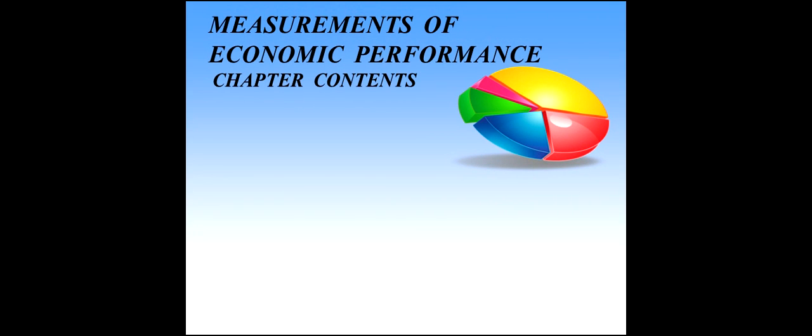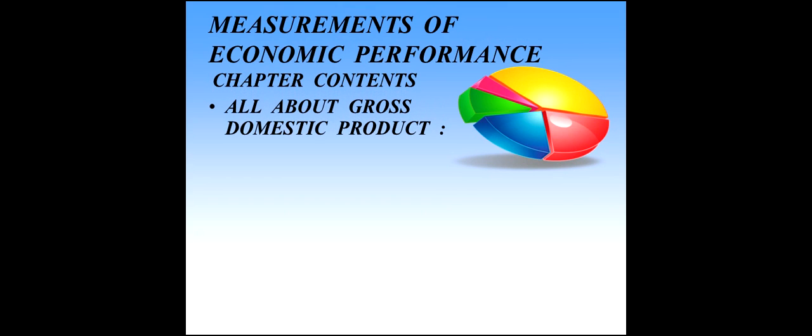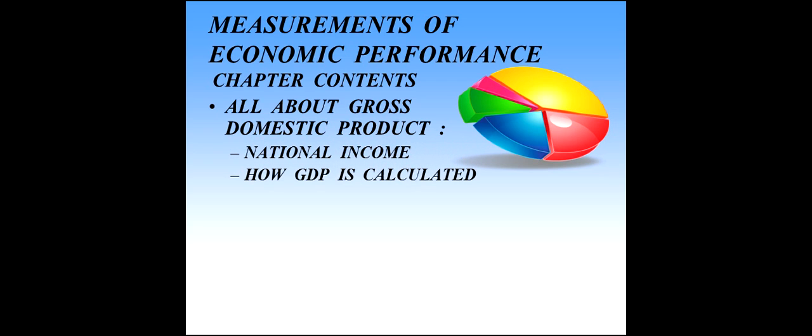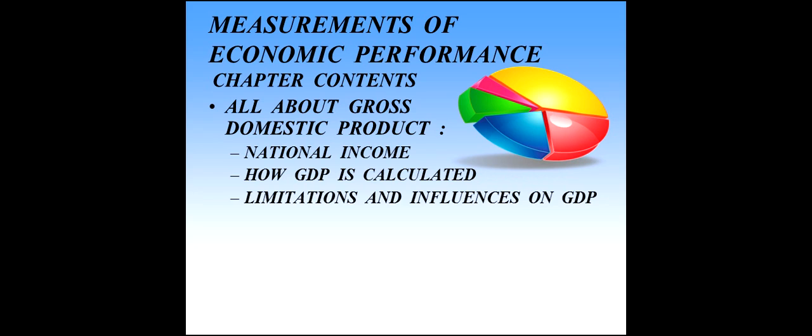As far as measurements of economic performance really go, it's really all about gross domestic product, GDP, what we produce as a society. We'll break GDP down a little bit and explain how it works. We'll look at national income, how GDP is actually calculated, the limitations of GDP as a measurement, and also the influences on gross domestic product.